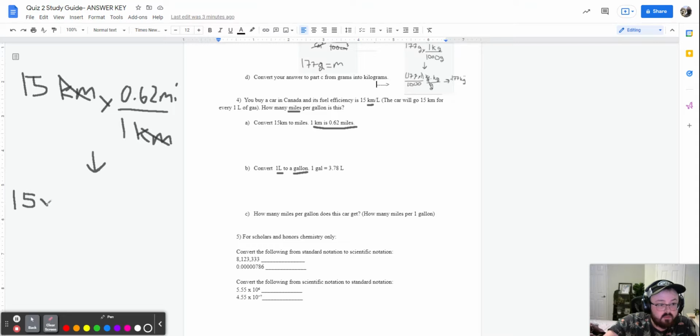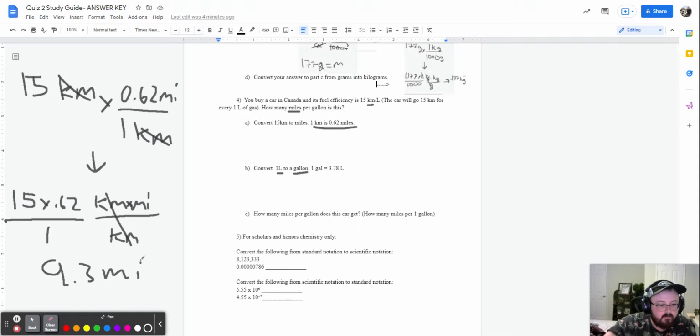So 15 times 0.62 over 1. Our units are kilometers times miles over kilometers. The kilometers cancel out. 15 times 0.62 equals 9.3. So we're left with 9.3 miles.